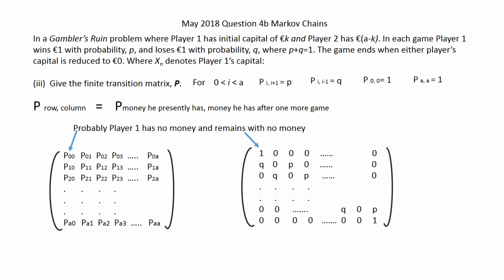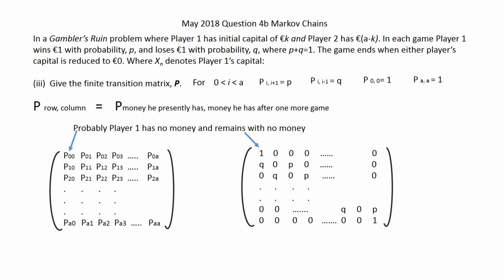That can happen with a probability Q, and that is why in the same position on the right-hand matrix we have the Q. If you look at P11, it's the second over on the second row. It means they have €1, they play the game and they have €1 still. That never happens. Once they play the game, they either gain €1 or lose €1, so that's 0. You can see in that position on the right-hand matrix that it is 0.